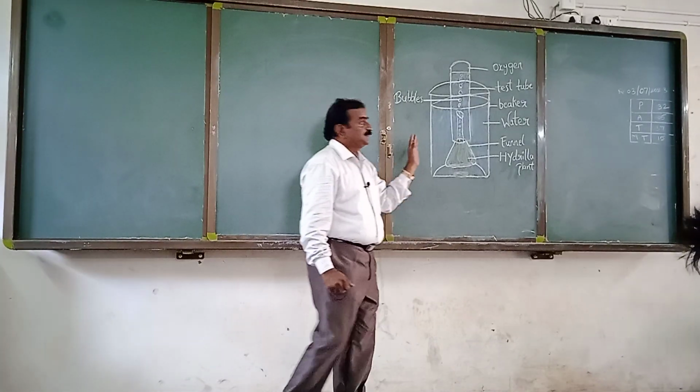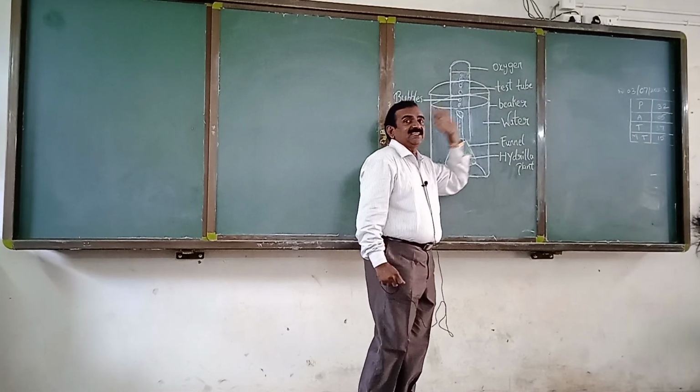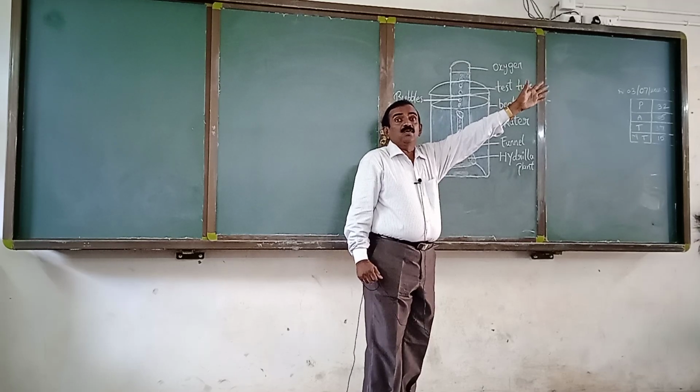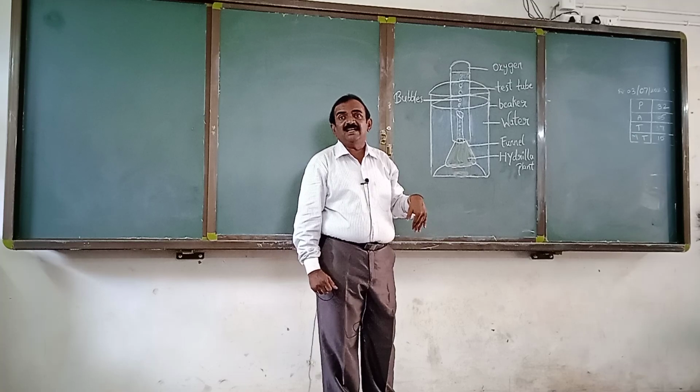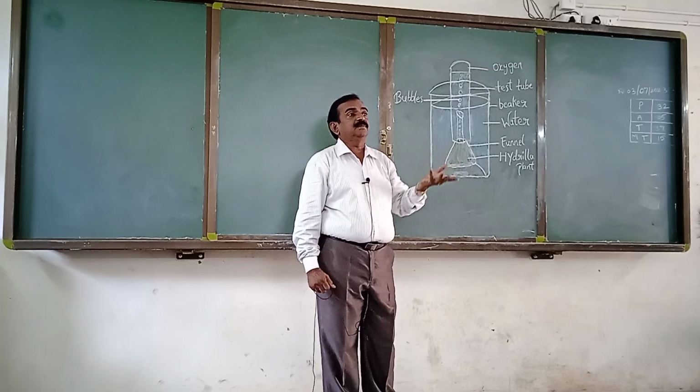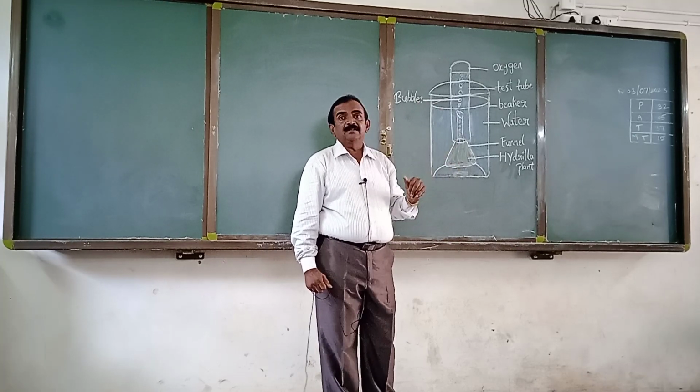After that we need to keep the entire setup in the sunlight. Only one setup we are keeping in the sunlight, and the other setup we are keeping in the shade, or under a tree.